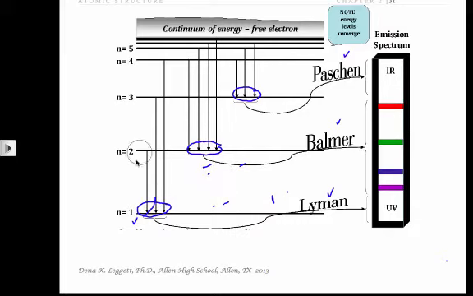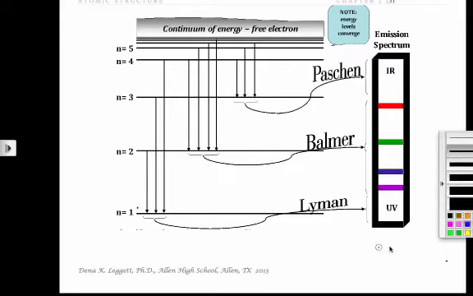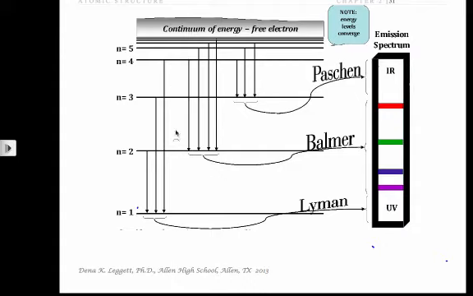Now, once we did that, we can start seeing some relationships in here. As you increase the difference in energy, you're going to increase the energy of the photon.